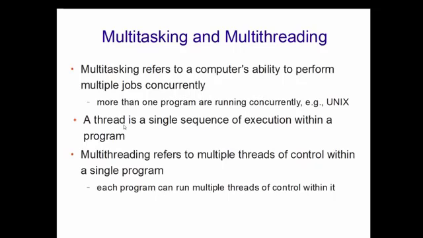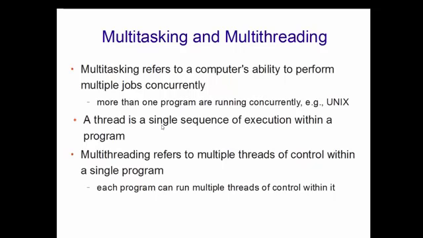On the other hand, a thread is a single sequence of execution within a program. We will see what this means in later slides, but I will give you an example. Your computer is running a browser, for example Google Chrome, and this is considered a process. So Google Chrome is a program, right? Whenever you open multiple tabs, these tabs are working in parallel, and to achieve that, these tabs are working on threads.